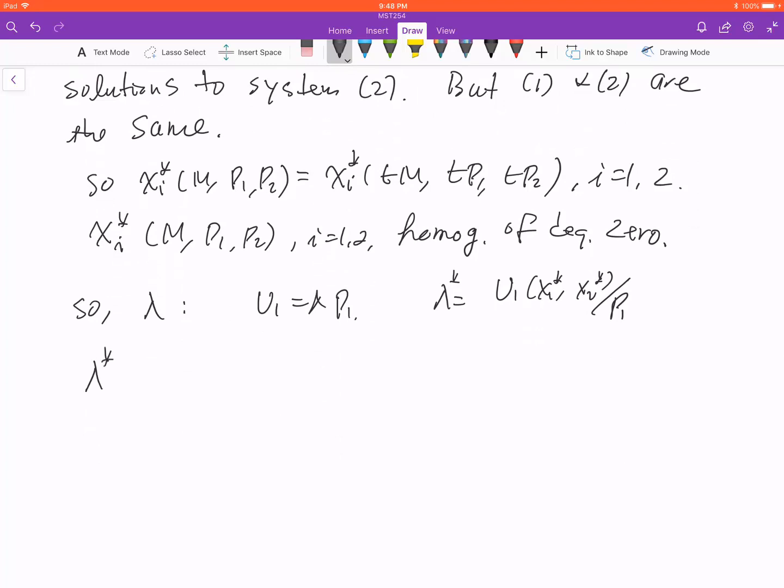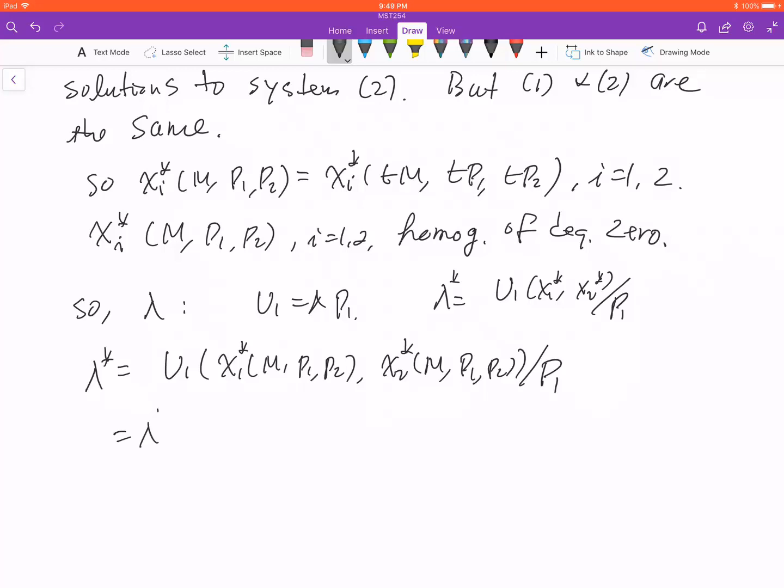We have lambda star is equal to u1, which is a function of x1 star, which is a function of m, p1 and p2, and x2 star, which is a function of m and p1 and p2, and divided by p1. So it is true, lambda is a function of m, p1, and p2.